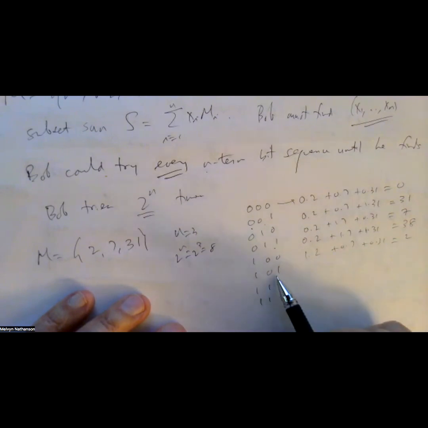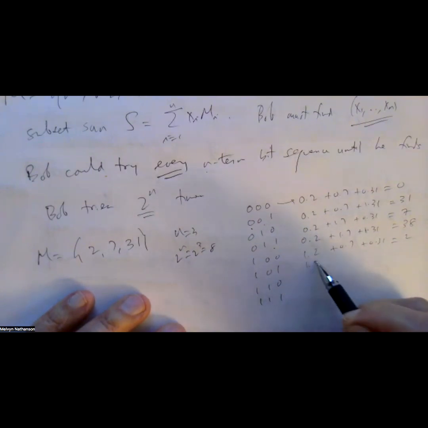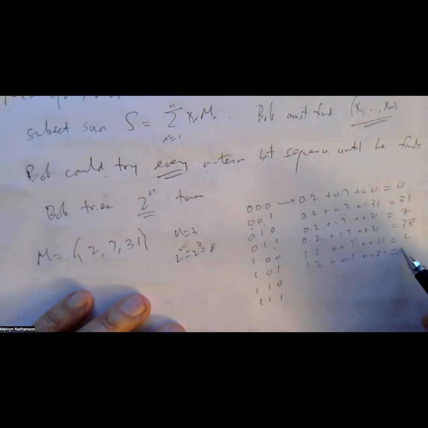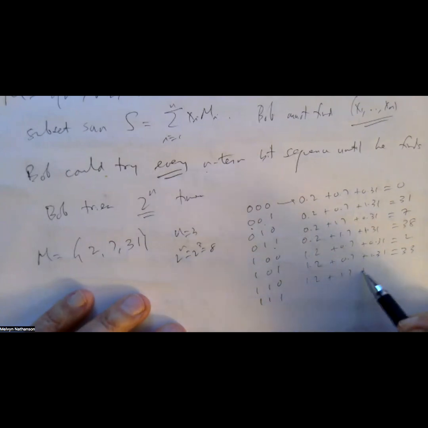That's 2. This bit sequence gives you 1 times 2, 0 times 7, 1 times 31. That's 33. 110 gives you 1 times 2 plus 1 times 7, that's 9. And 111 gives you 2 plus 7 plus 31, that's equal to 40. So there are 8 different bit sequences, and we have 8 subset sums.